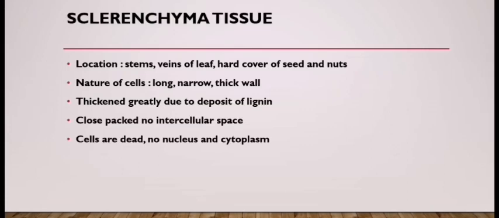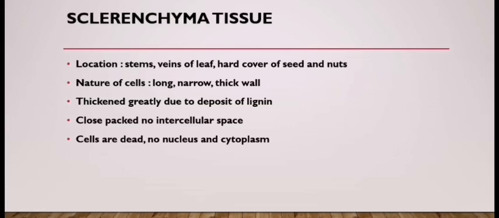Now how is the nature of the cells? They are very long, narrow and have thick walls. They are thickened because of the deposition of lignin. And they are closely packed. Unlike parenchyma or collenchyma, they do not have any intercellular spaces at all, which means there is no space between two cells.